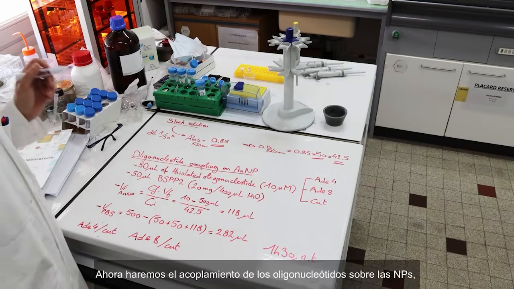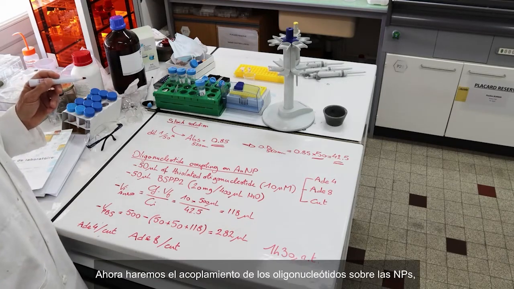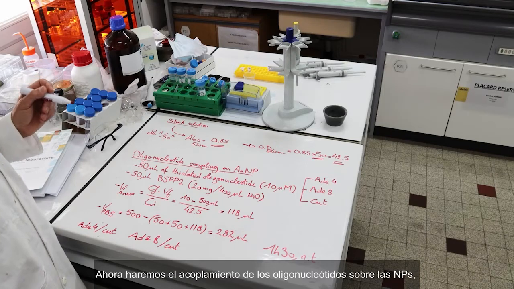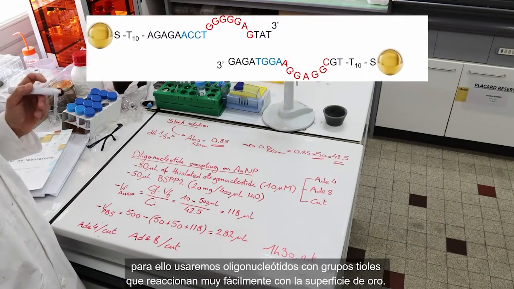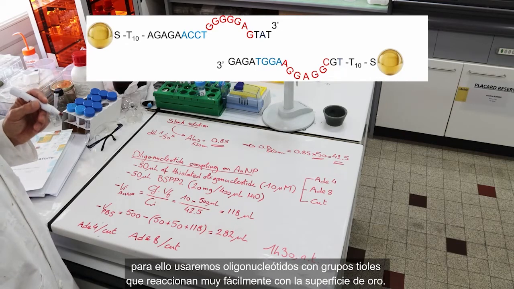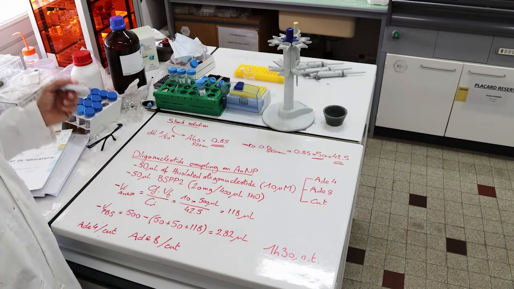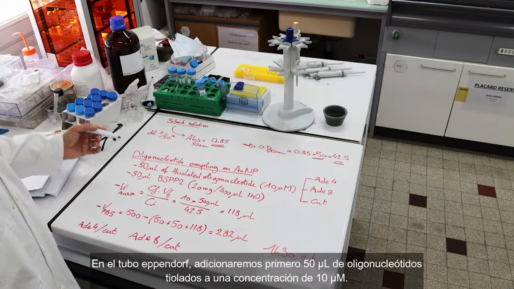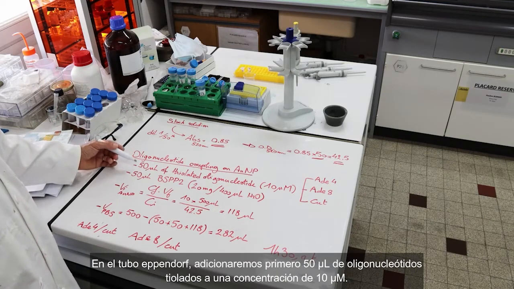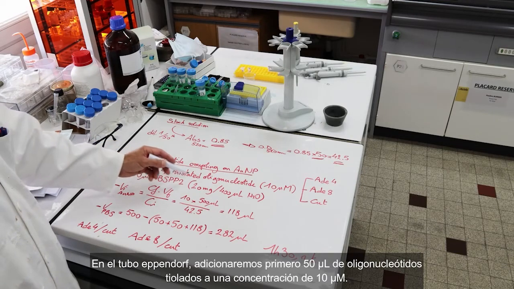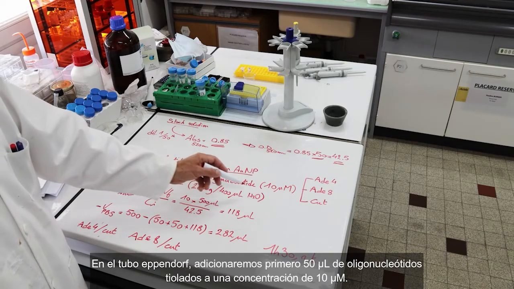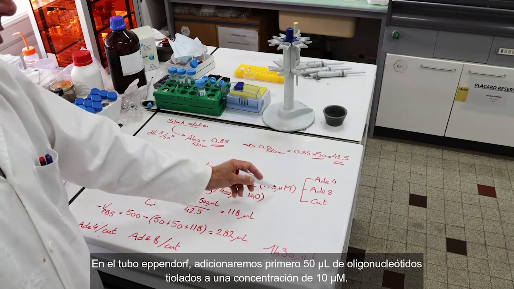Now we will do the oligonucleotide coupling on the nanoparticles, and we will use oligonucleotides that contain a thiol moiety that will react very easily with the gold layer. In an Eppendorf tube, we will first add 50 microliters of thiolated oligonucleotide, which has been diluted to 10 micromolar.